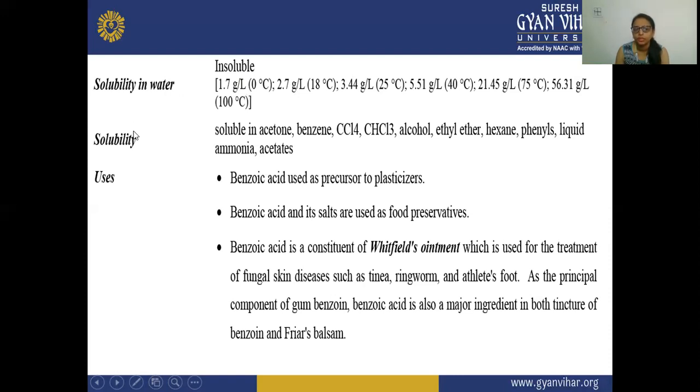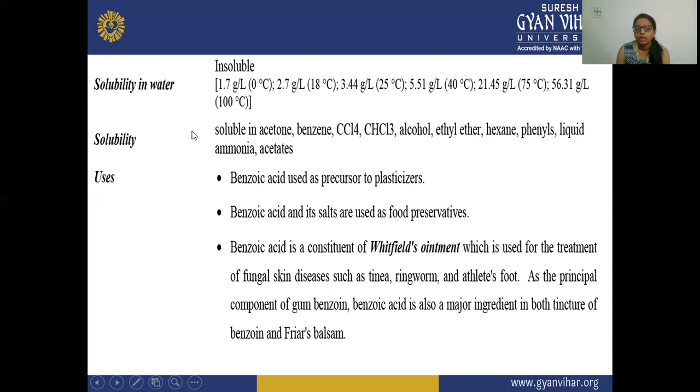Next is your solubility. So in which solvents is it soluble? So here it is soluble in organic solvents. So here the solubility is soluble in acetone, benzene, CCl4, CHCl3. So it is soluble in acetone, benzene, carbon tetrachloride, chloroform, alcohol, ethyl ether, hexane, phenyls, liquid ammonia, and acetate.